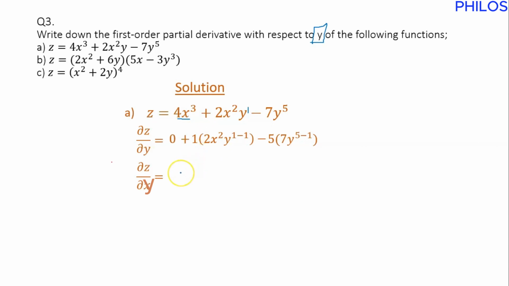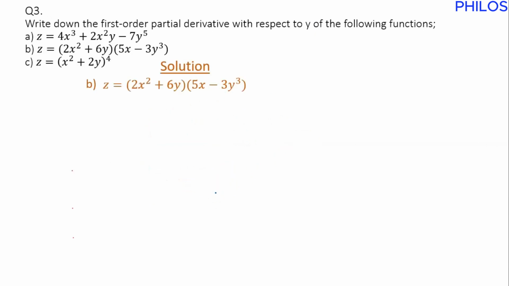That remains what? 2x squared. Okay. Minus, now 5 minus 1 is what? 4, isn't it? And 5 times 7 is 35. So that will be 35y exponent 4. Question A, we get 2x squared minus 35y exponent 4. So that's the answer to question A.